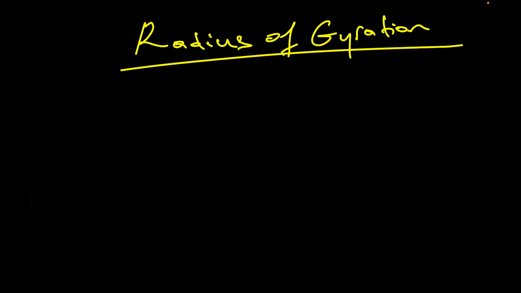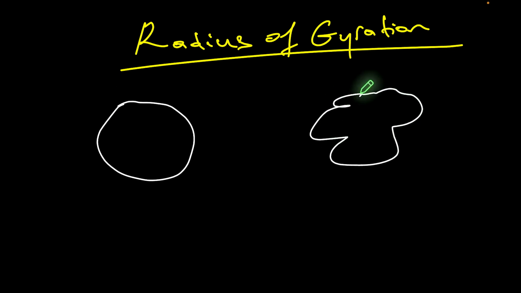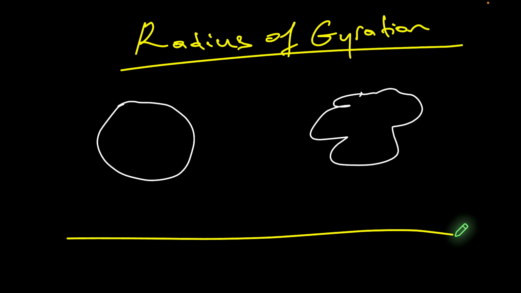Now imagine you have a shape or an object. That shape could be a disk, as I'm trying to draw here, or it could be something irregular as you see over there. And you want to describe how its mass or how its area is distributed relative to an axis. Let's say this represents my axis, and I'm just going to use X to label it.